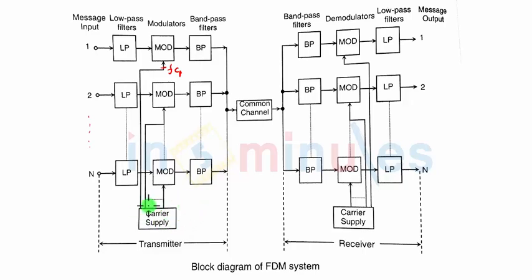So there's a carrier supply block which will supply the carrier frequency to the modulator. To the second modulator block also we are giving the second signal and a carrier frequency, but this time it will have a different value, Fc2. This carrier supply block will be something similar to a frequency synthesizer, which can generate different carrier frequencies.